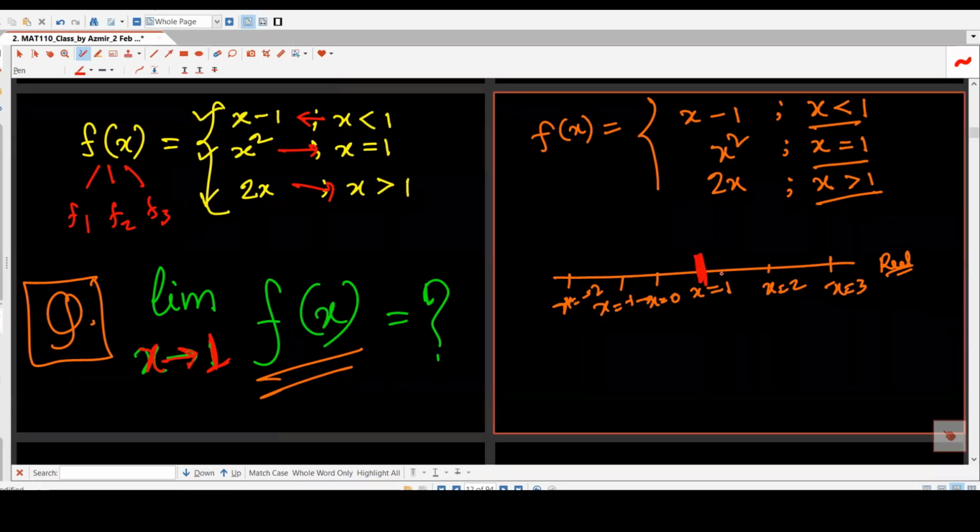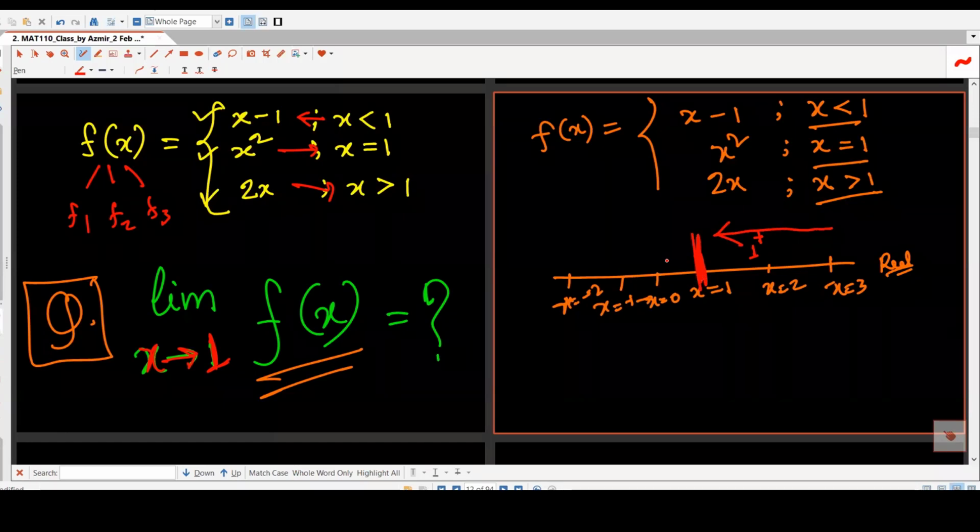Now the right side of 1 can be thought of as 1 plus. That means 1 plus something becomes 2, 1 plus something becomes 3. So that's why we denote the right side as 1 plus. Or we can think about it another way: we are coming from the right side towards 1.